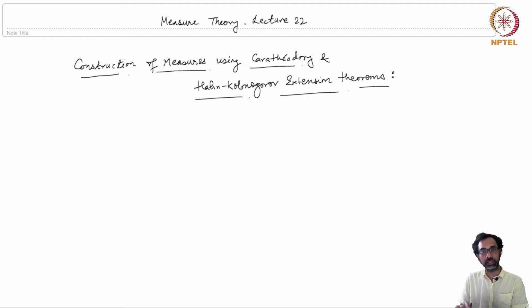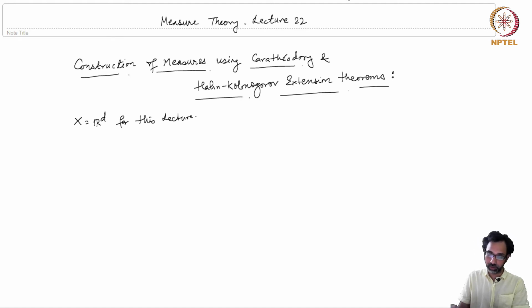But for this lecture we will restrict ourselves to Rd. So X equals Rd for this lecture, and we will see how the Hahn Kolmogorov extension theorem actually gives you the Lebesgue measure.